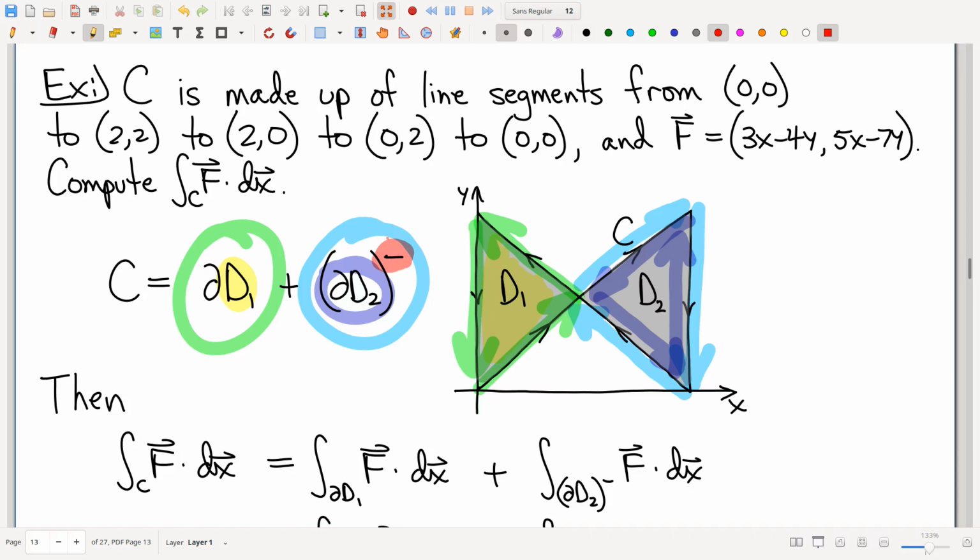How we doing? Everybody on board? So C by itself is not a boundary, but the left part of C is a boundary. The right part of C is just the opposite orientation of a boundary. Thus that minus sign.